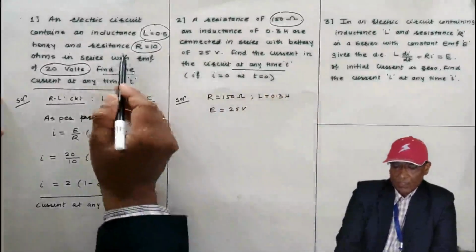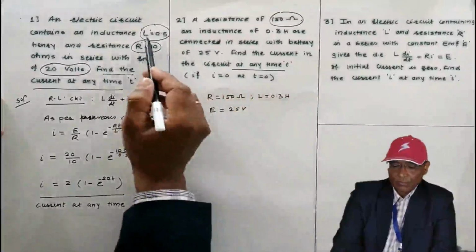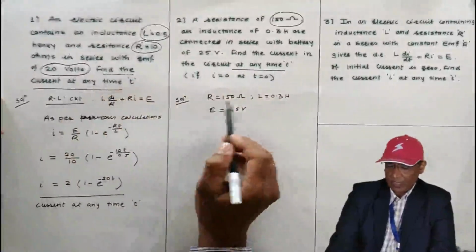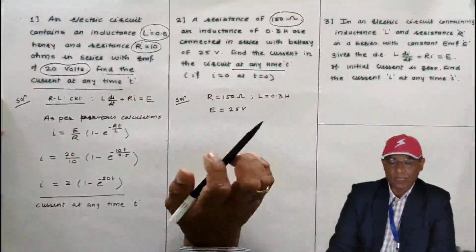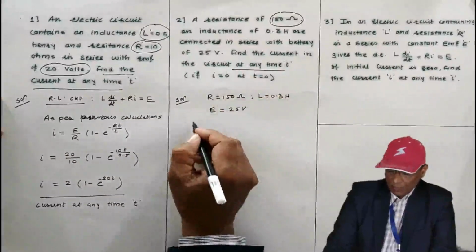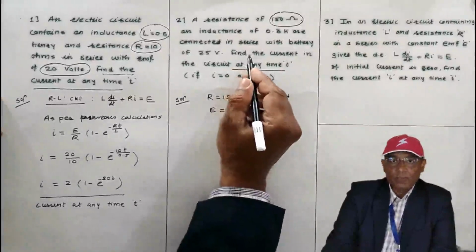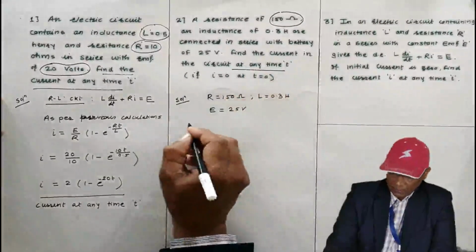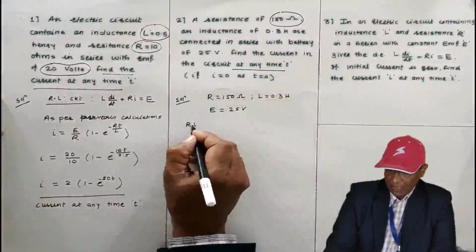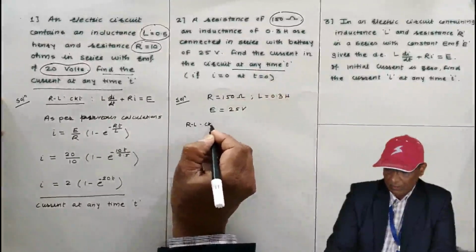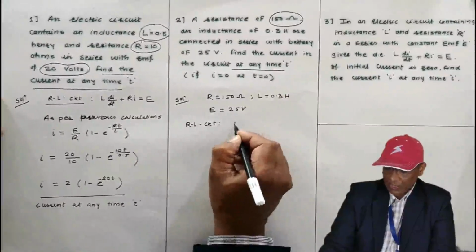Okay, see, these two problems are the same. Only the values of L, R and E we have changed. How do you solve this problem? If the differential equation of this circuit is not given, you have to write it first. The differential equation of the RL circuit is what?